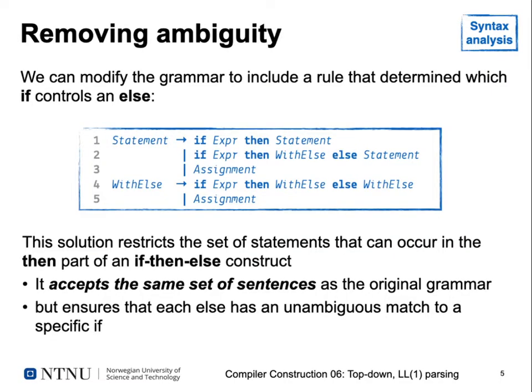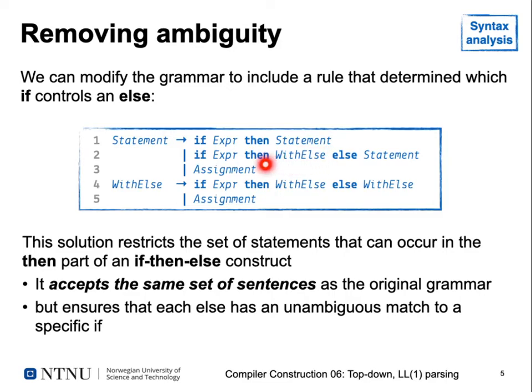We've already seen a method to remove ambiguity from a grammar. We can modify the grammar to include a rule that determines which if controls an else. Now we have a statement, and this statement is extended with a with-else statement.